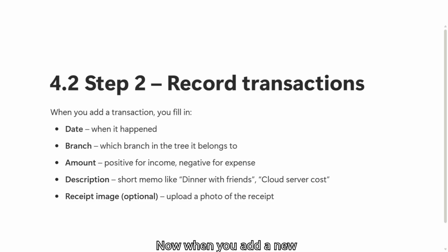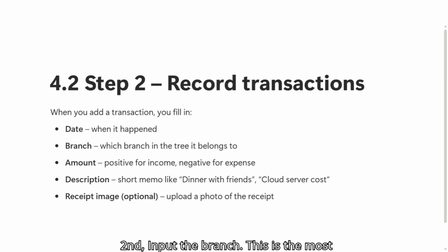Now, when you add new transactions in Finance Tree, you just fill in a few simple fields. First, date, and this is simply when it happened. Most of the time, I just keep today's date, but if this is from last week or last month, I can change it. Second, input the branch.